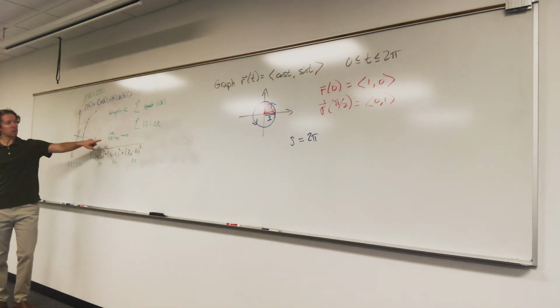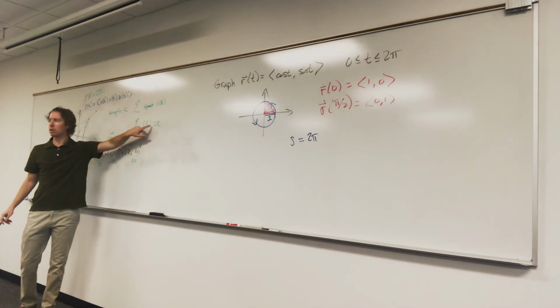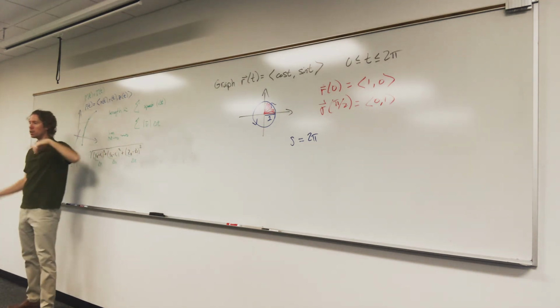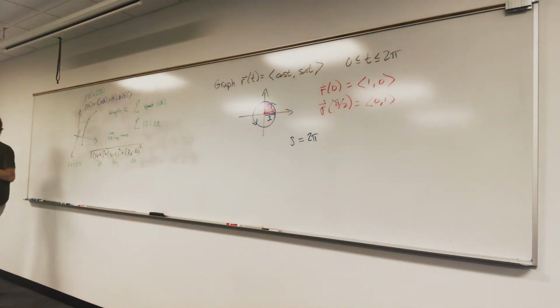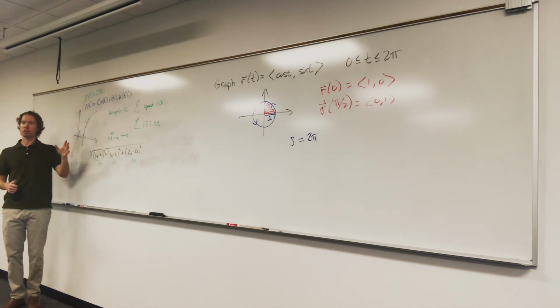So I'm taking the limit as delta t goes to 0 of the sum of the length of v times delta t. And this should ring some bells from integration. Take the integral. Yeah, good. It actually turns into an integral.